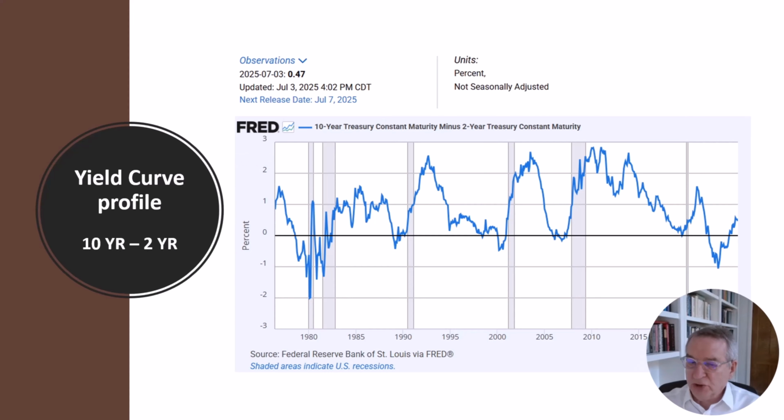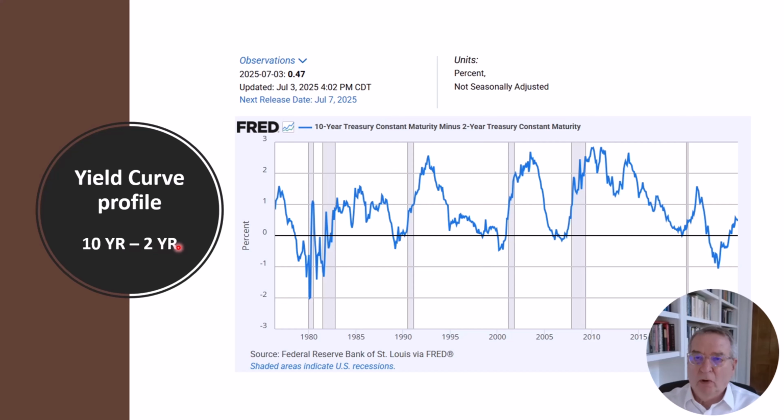And one final slide, which I'll finish with, has to do with the profile of the US Treasury yield curve. And what this graphic shows, again from the Federal Reserve, is the spread between the constant maturity 10-year US Treasury, where we subtract from that the yield on the 2-year.